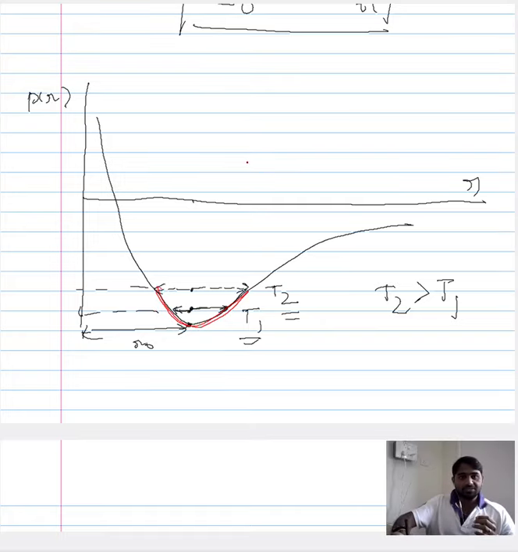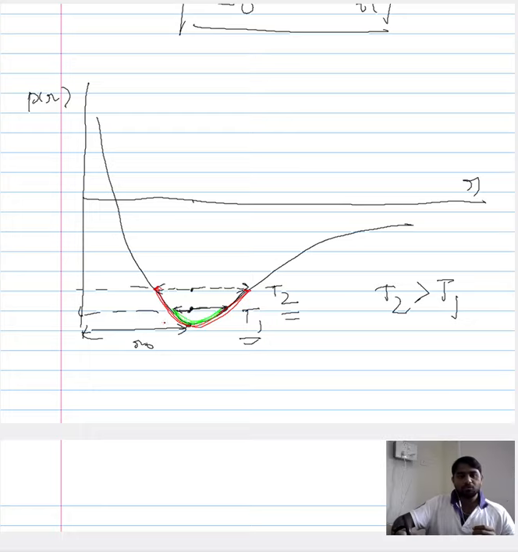Now if I want to do the same for T1, then I will just restrict myself to this region here, and I will expand my assumption further and restrict myself here for the red curve for T2.